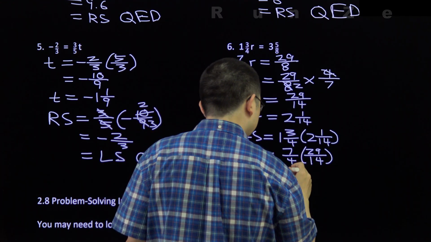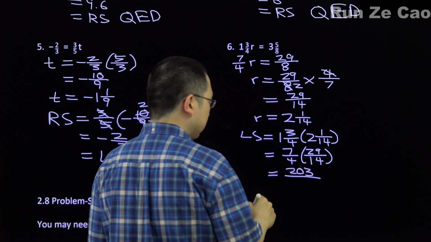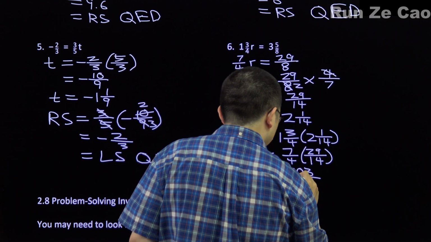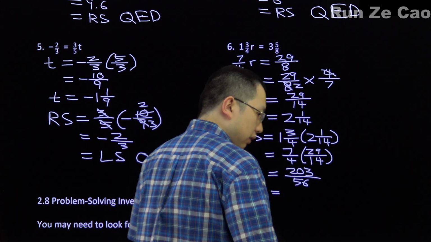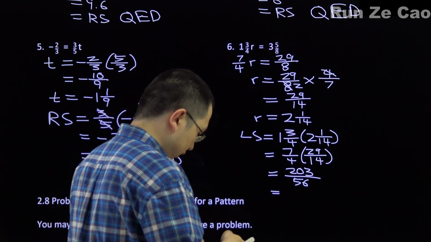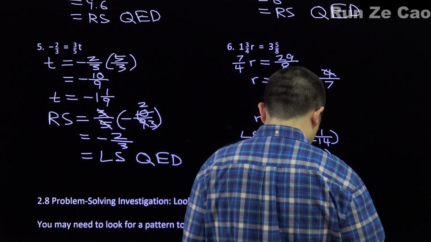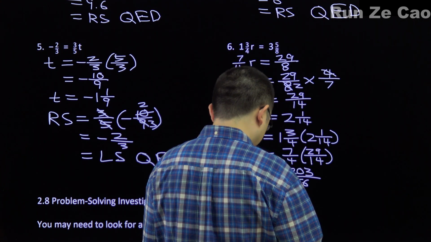This is going to be 7 less, so 203. 4 times 14 is 56. And what happens when we consider what 3 times 56 is? 3 times 56 is 168.